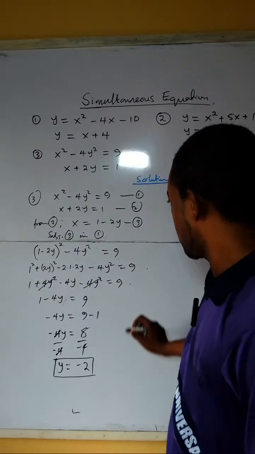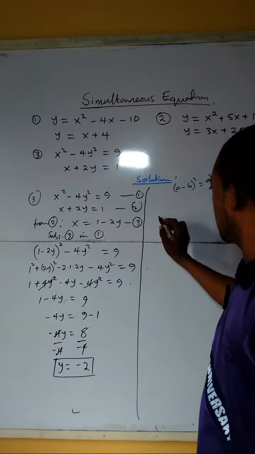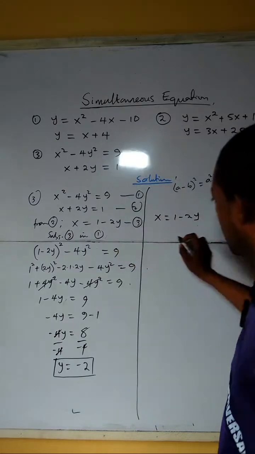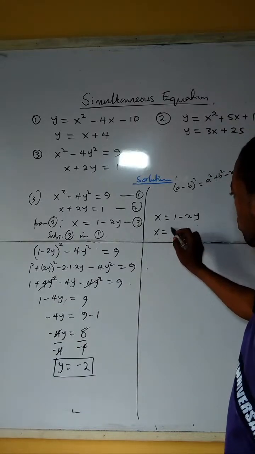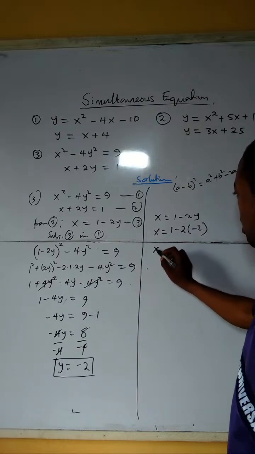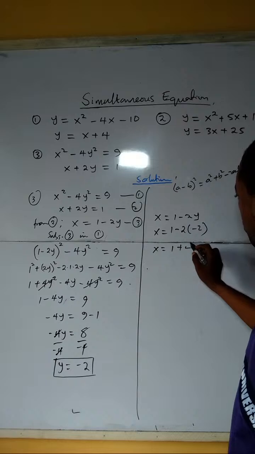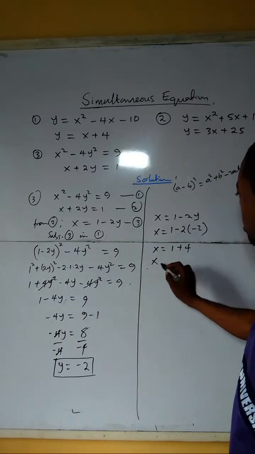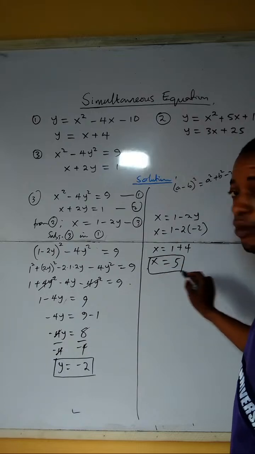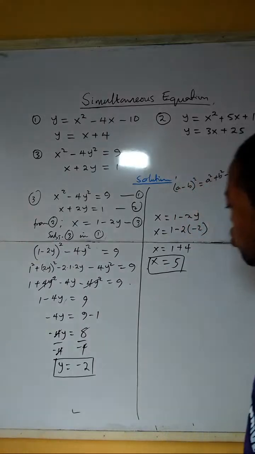Then to get x from equation 3, which is x equals to 1 minus 2y, x will now be equals to 1 minus 2 times minus 2. That is x equals to 1 minus times minus, that's plus 4. Then x equals to 5. So therefore x equals to 5, then y equals to minus 2.